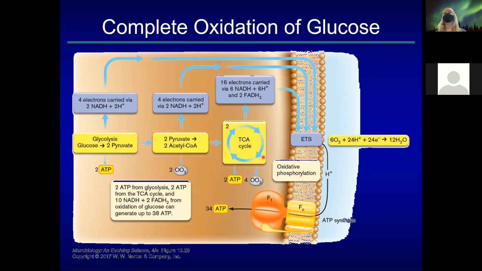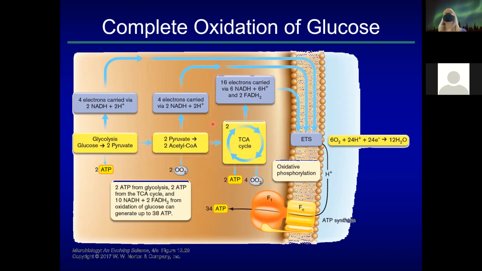So here, this middle part, I kind of consider all of this the TCA cycle. They broke it apart a little bit here where they're showing pyruvate getting converted to acetyl-CoA. That's the very first step leading into the TCA cycle. So when you push pyruvate into the TCA cycle, you get, again, these NADH molecules, these electron carriers. I'll talk about them. And then you see the cycle, the TCA cycle or the Krebs cycle.